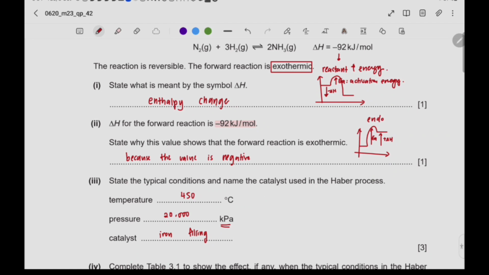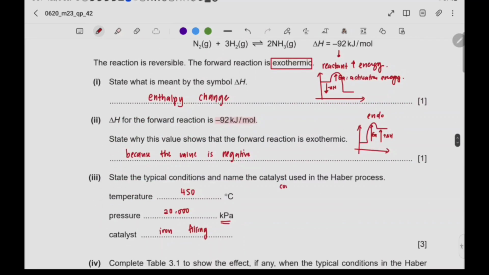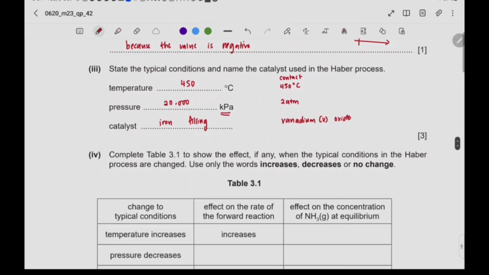So basically, for the contact process it is also 450 Celsius, but only 2 atmospheric pressure. It's very simple. Because the contact process is for acid, I always memorize that it's very dangerous. And they are using vanadium(V) oxide. Simple.